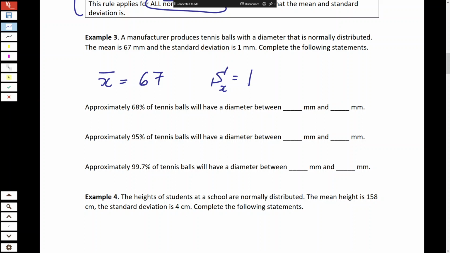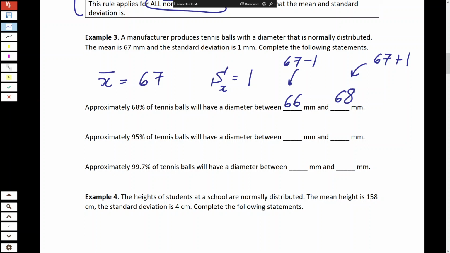1 from 67. So what are the numbers going to be? Does everyone follow that? We started at 67 and we added 1 because we need to add 1 standard deviation. Here we started at 67 and minus 1 because we needed to go down 1 standard deviation.